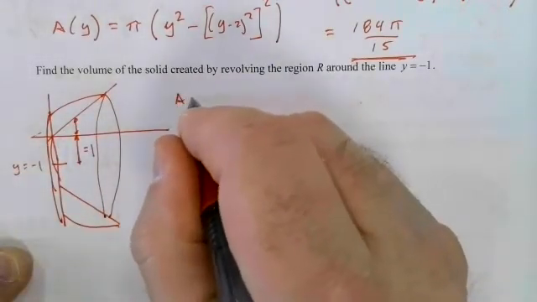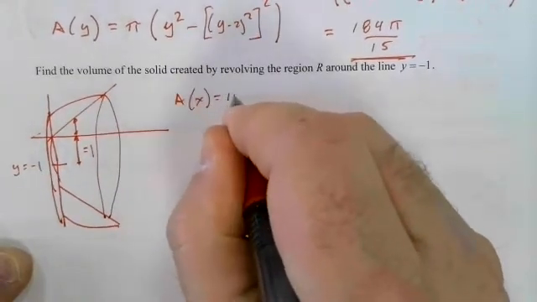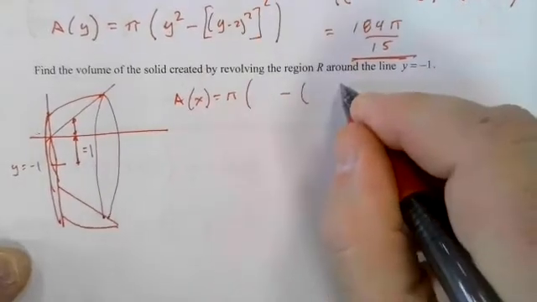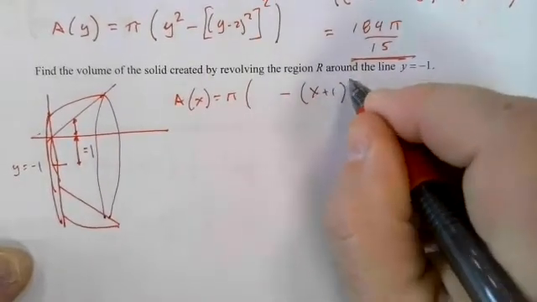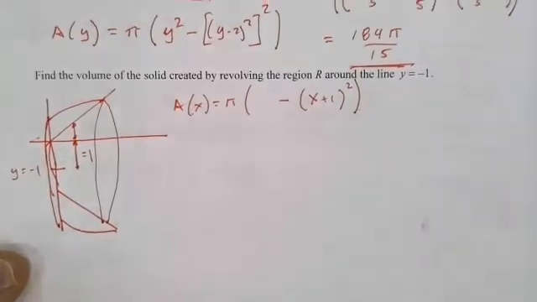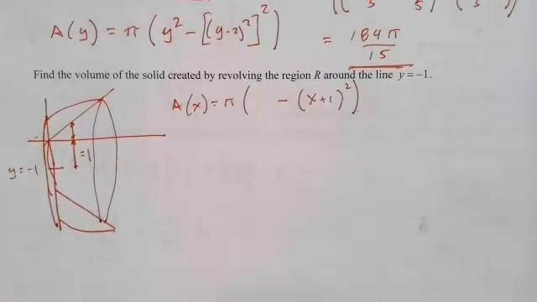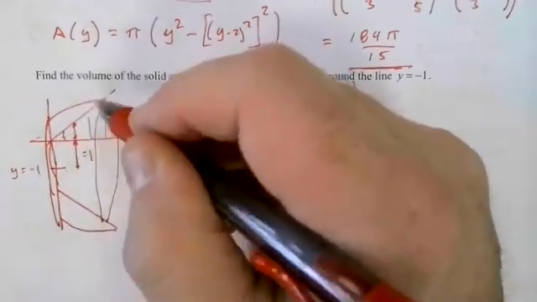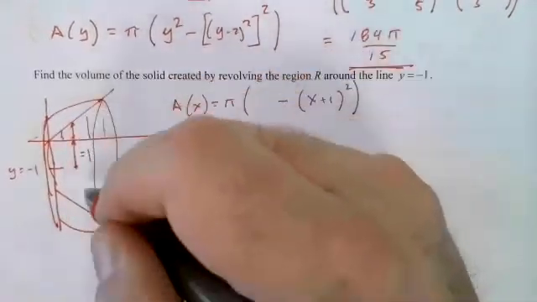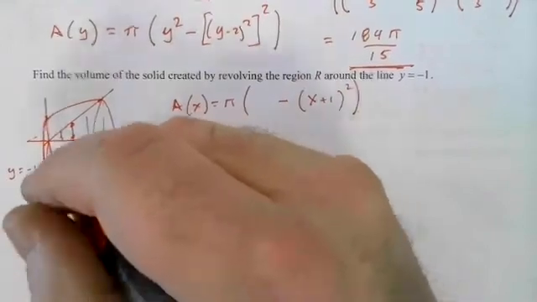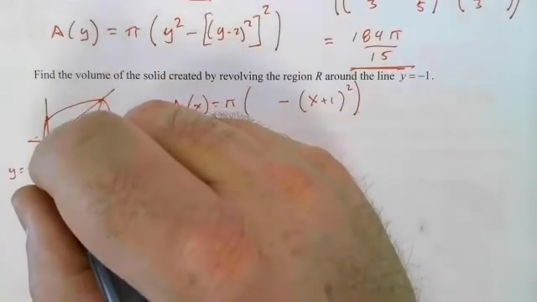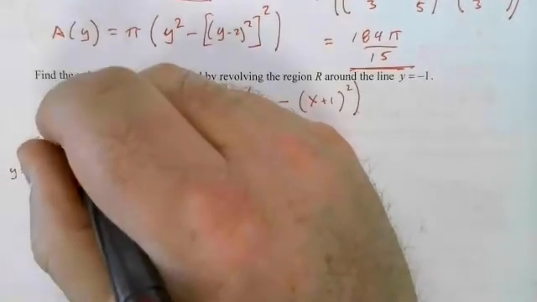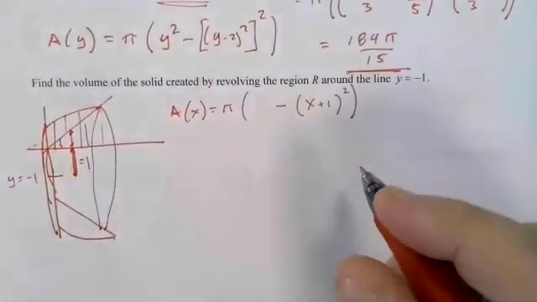So the area, or in the x world again, pi, I did the inside one first, minus x plus 1 squared. Slow down to make sure your brain can wrap itself around that. This is always x, y equals x. You call it y, call it x. It's y equals x. Cool, actually you should call it y. Because now you're going to say this one is still 1, and this distance is root x plus 2.